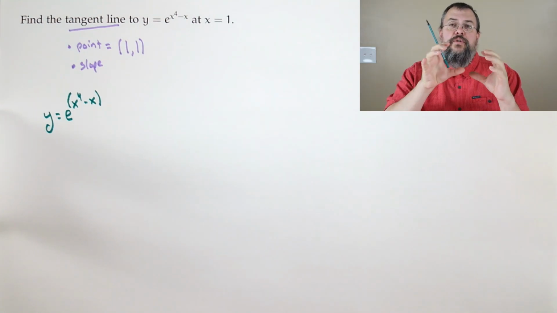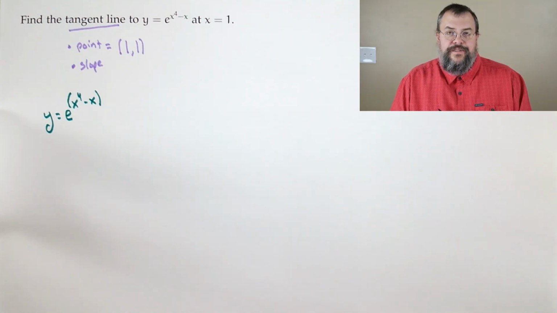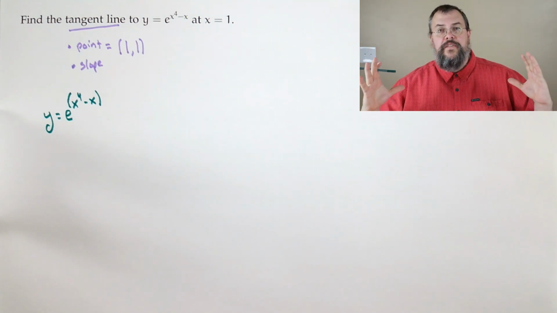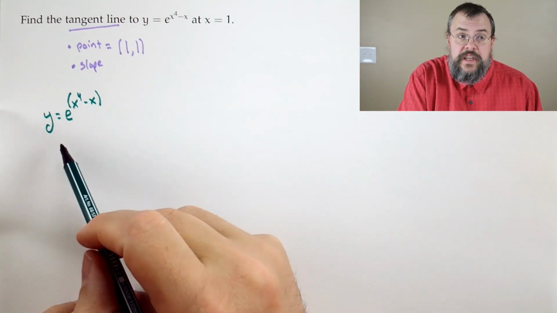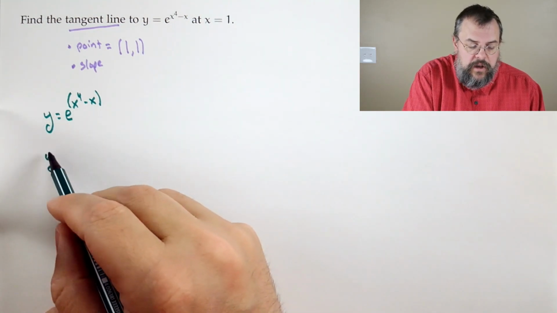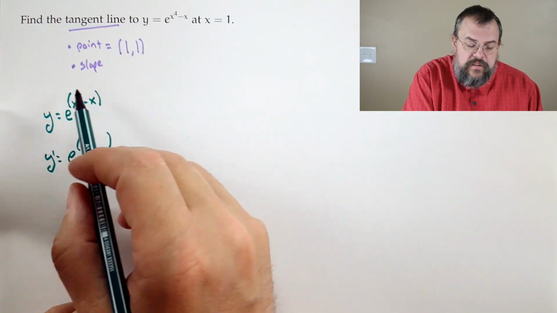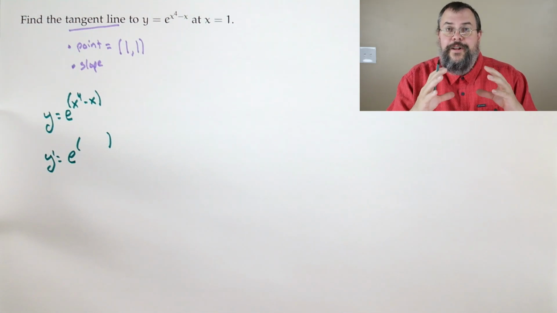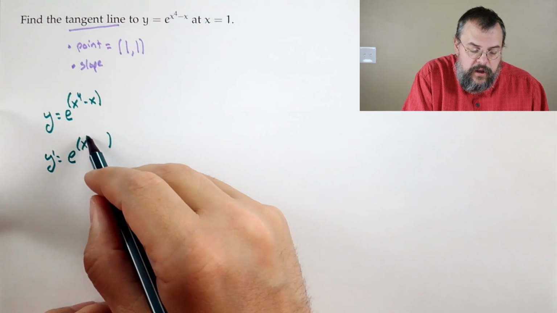It's inside e to the, see, it's e to the x to the fourth minus x. So now I say, all right, if I'm taking my derivative, working from the outside in, derivative of e to something is e to something. So I'll have e to the, and now the something is the same thing as before, because you leave the inside alone. E to the same inside. So x to the fourth minus x.